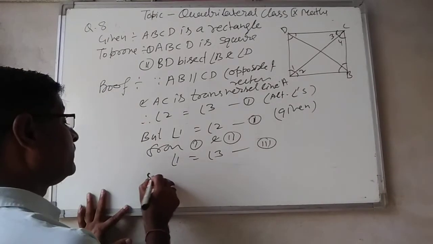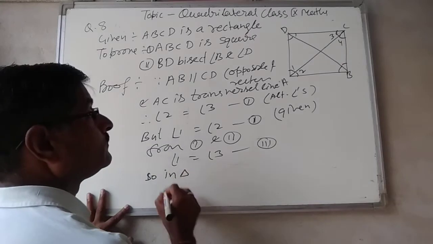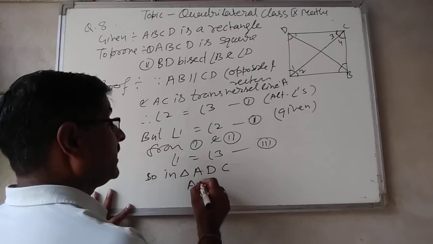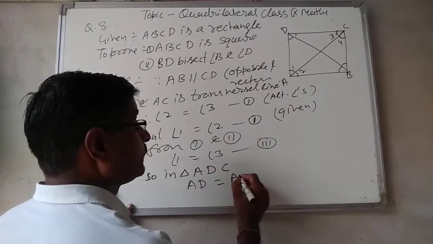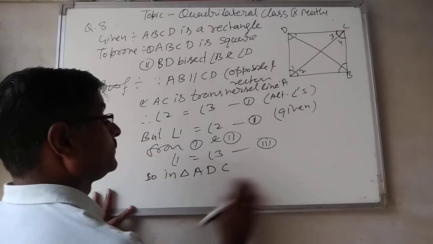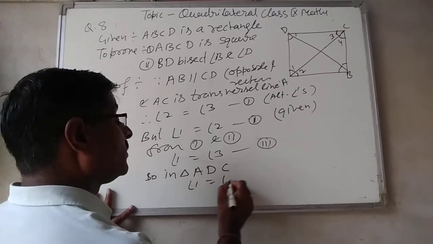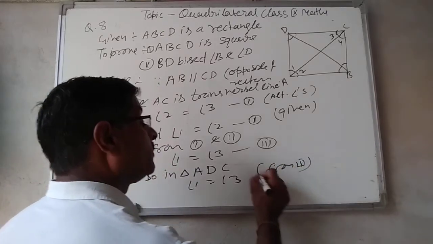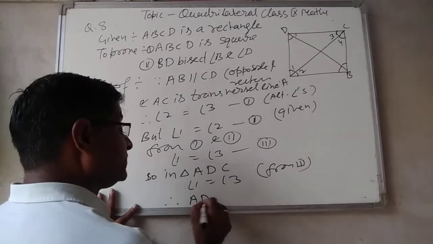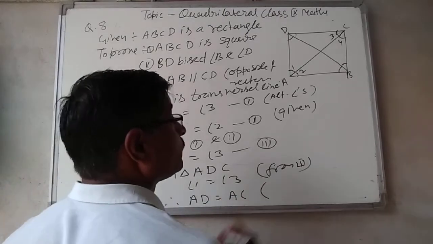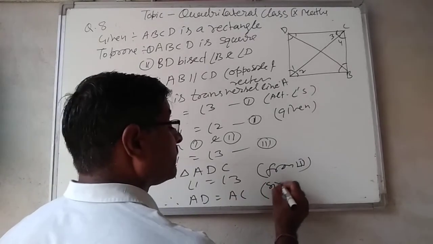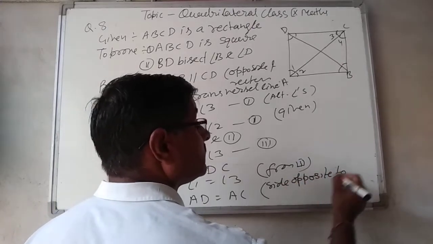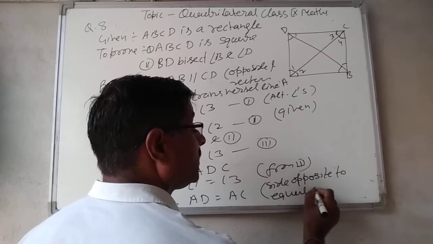So in triangle ADC, angle 1 is equal to angle 3. From third, therefore AD is equal to AC, sides opposite to equal angles.